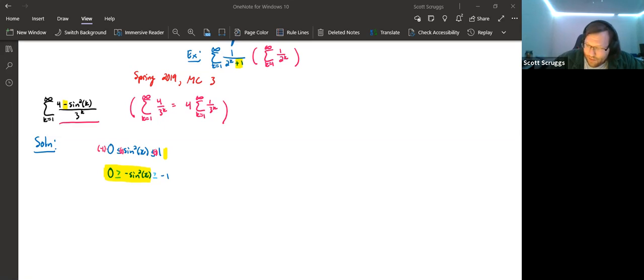Okay. Now next step. I have the negative sine squared of k appearing in my inequality. I now need a 4 to appear. Well, in my original terms, I have 4 minus the sine squared of k.